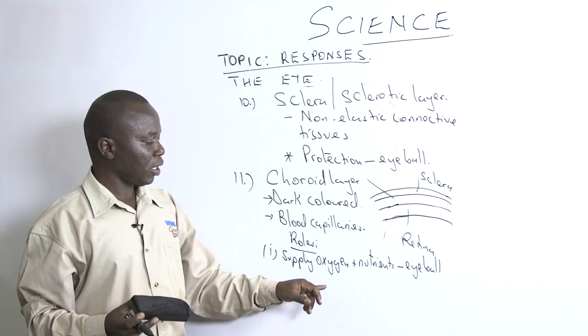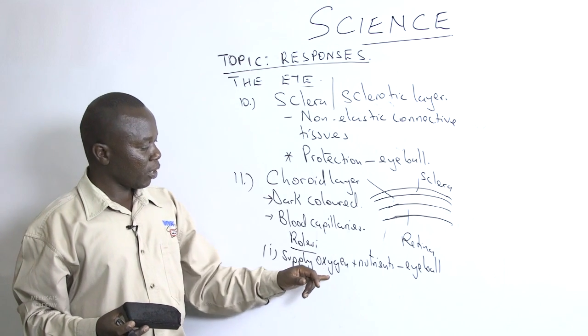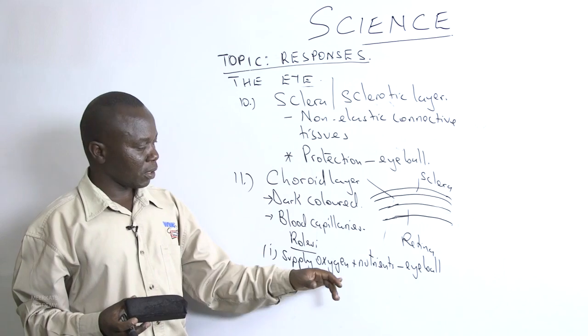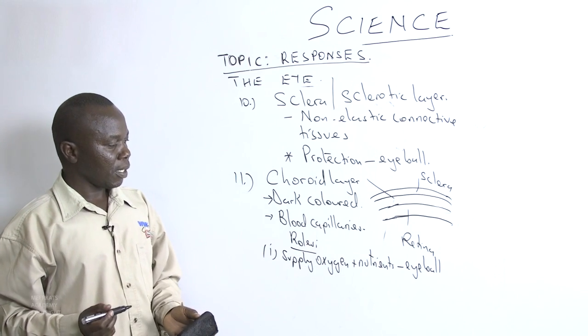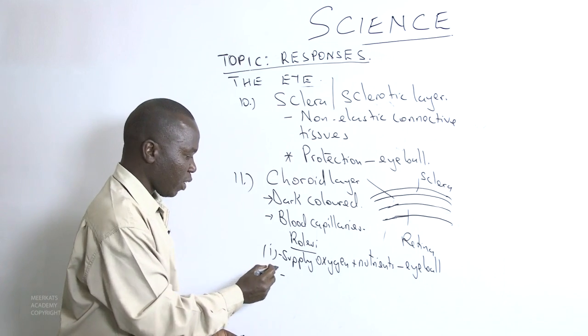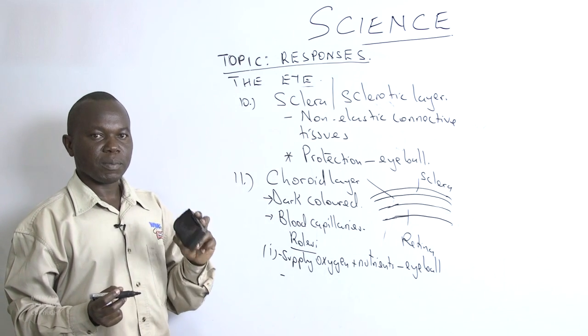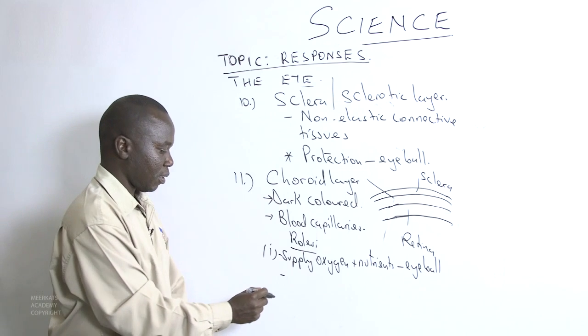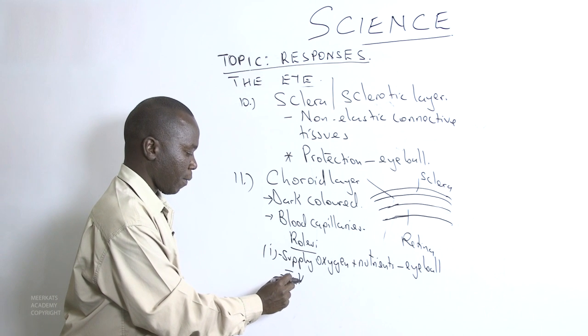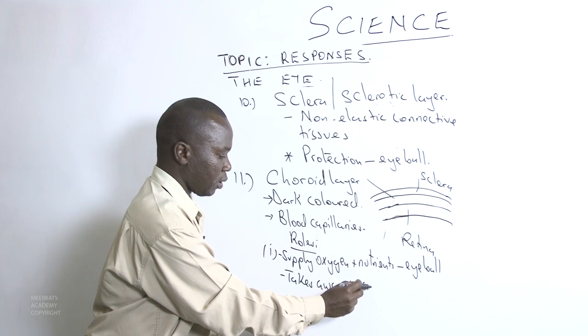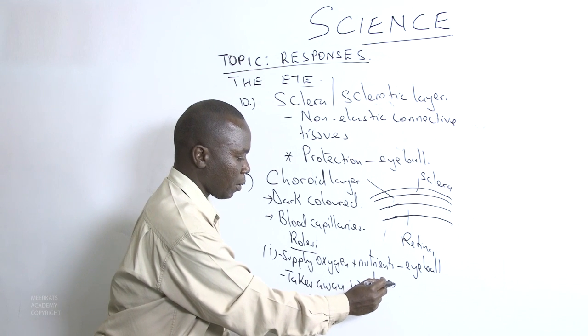Where there is oxygen and nutrients, metabolism takes place, and in the process waste metabolic products are released. Therefore, the blood capillaries also take away waste metabolic products.